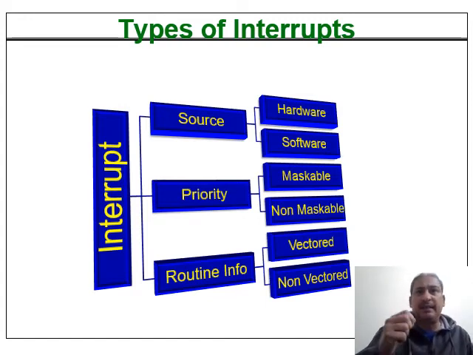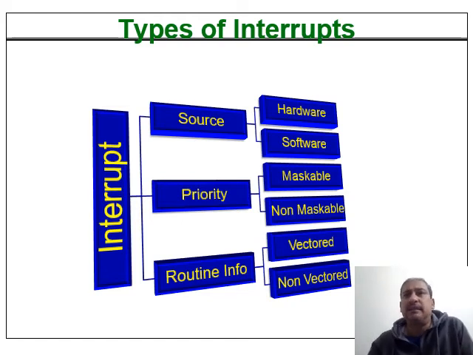Now, as I stated earlier, each and every ISR is stored somewhere in the control memory. Before a CPU can start executing the ISR, it has to locate the ISR. Now, how does the CPU locate the ISR? Once again, there are two ways. In case of a vectored interrupt, whatever device or instruction is causing the interrupt sends the information about the location of the interrupt service routine to the CPU.